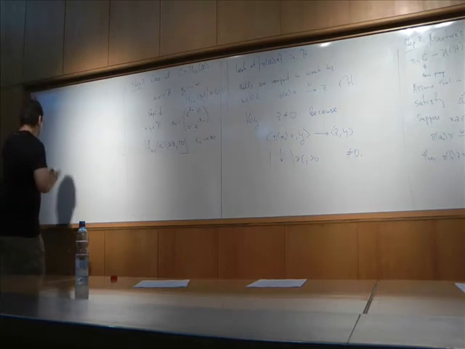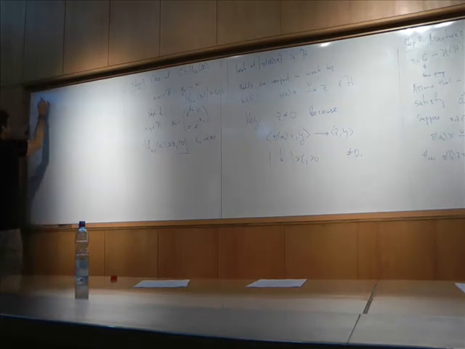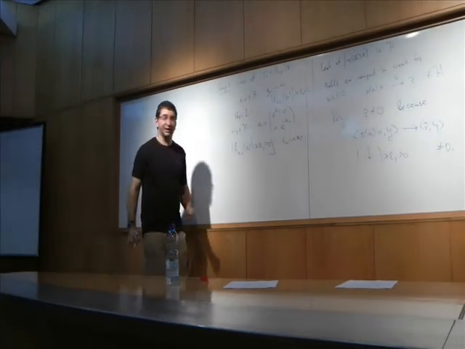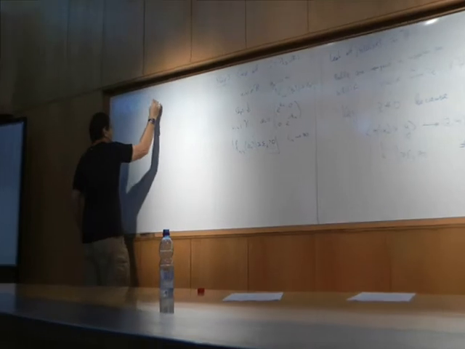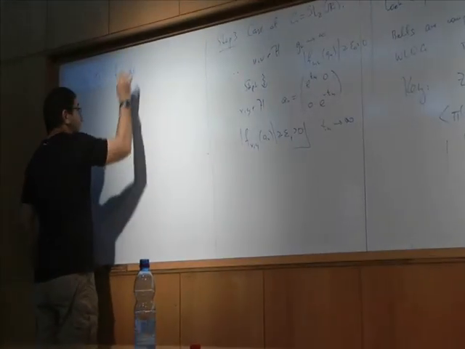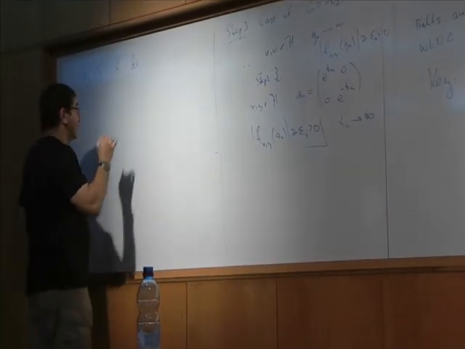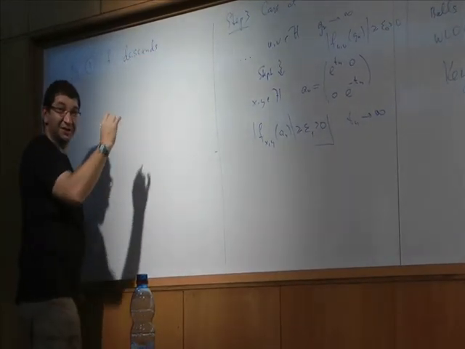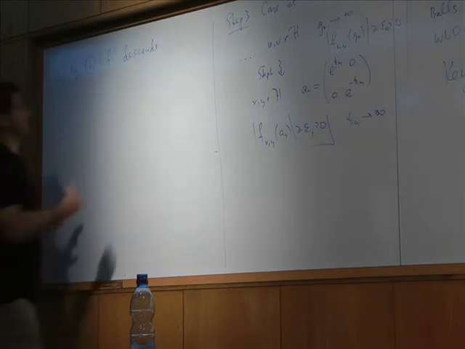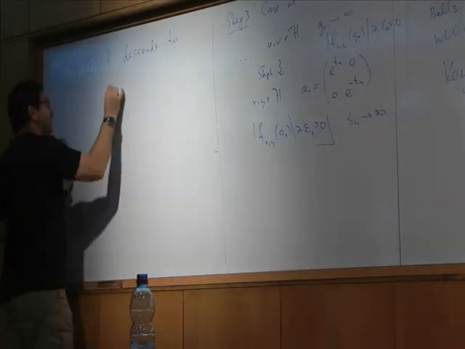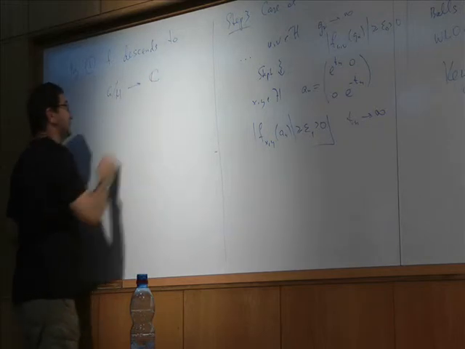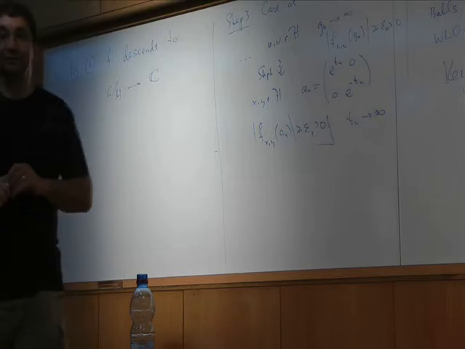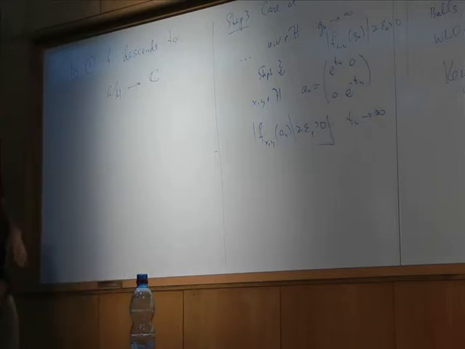You think of, by 1, using this identity 1, f descends to a function G mod H to complex numbers, right? Because it is on cosets, right?